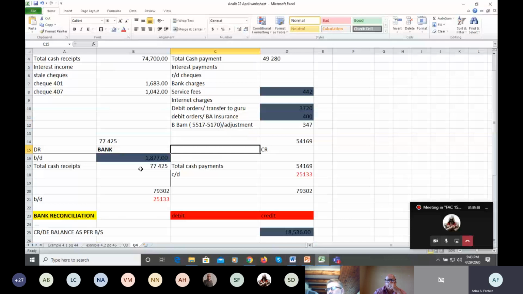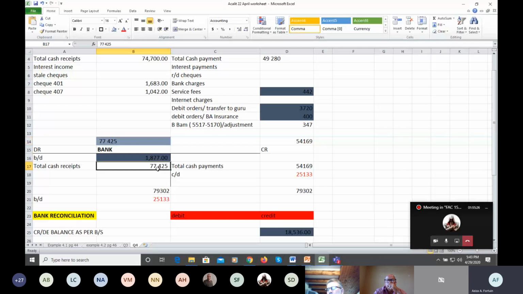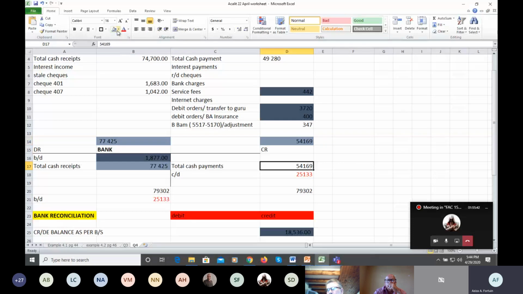Now I tally it up and I get 77,425. I take that 77,425 and put it in my bank general ledger, same amount, totals brought down, on my total cash payment side, my credit side. Remember, money going out is on the credit side and money coming in is on my debit side.